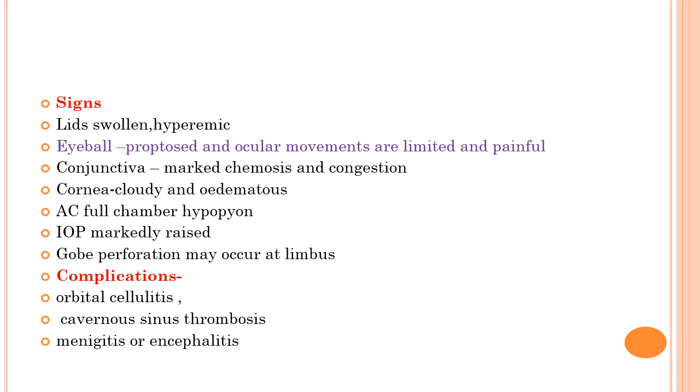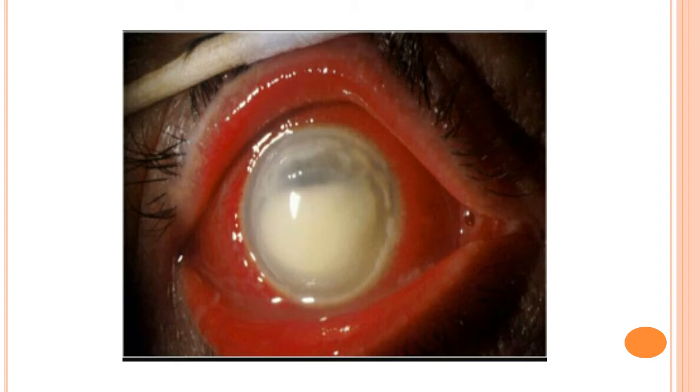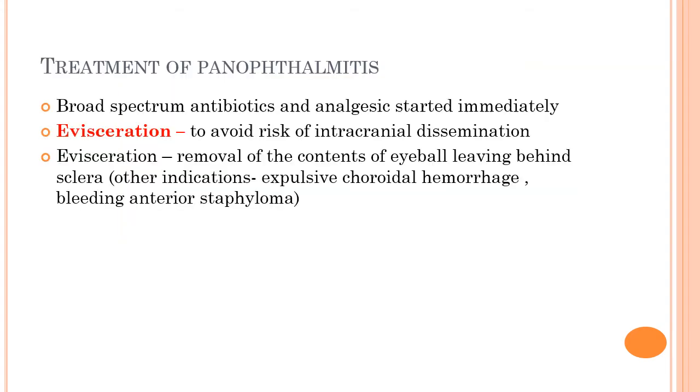So this infection may spread to other adjacent nearby structures, causing orbital cellulitis, or it spreads through the veins, causing cavernous sinus thrombosis or meningitis and encephalitis. So you have to take quick action for panophthalmitis in the form of evisceration.